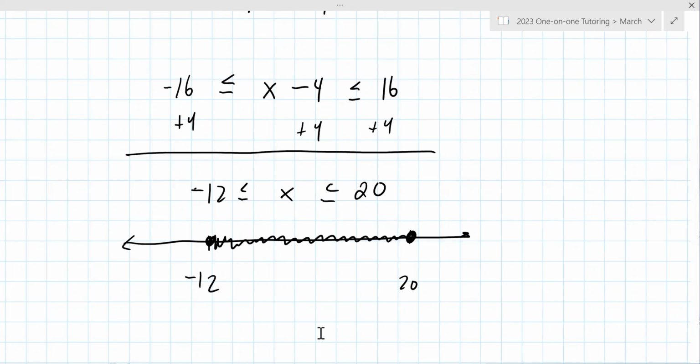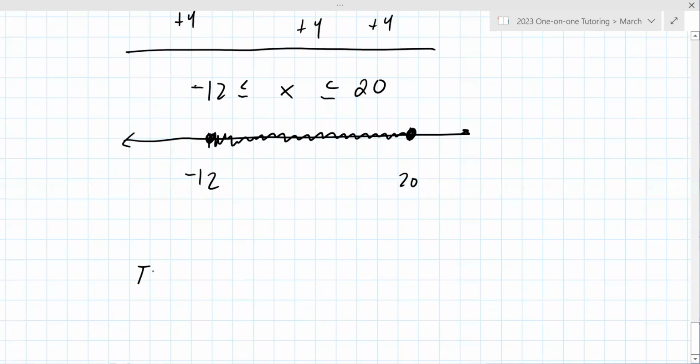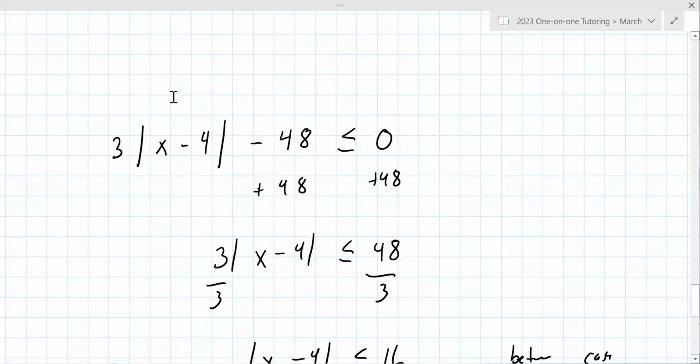Now if I asked you to test x equals 1, you should be able to look at this and say, I know it's a solution because 1 is between minus 12 and 20. But let's go back to the original and verify that.